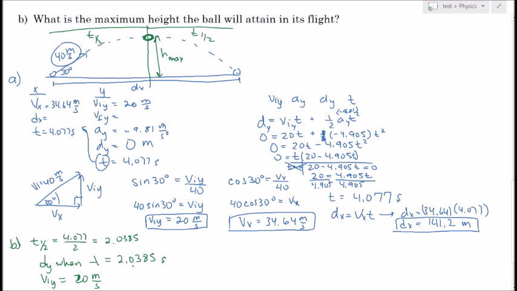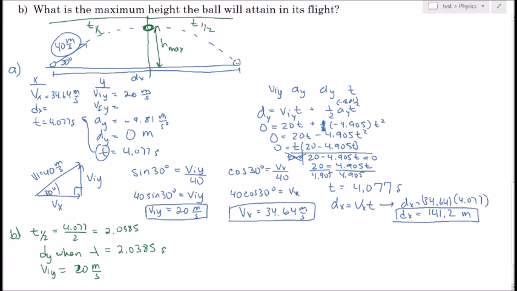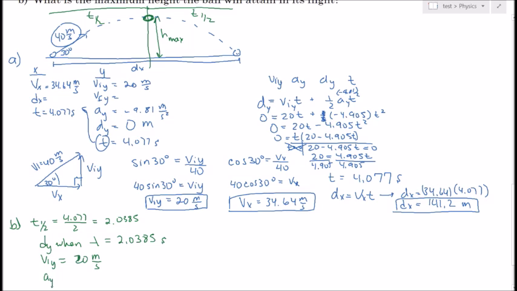And we certainly know that the AY is not going to change. That's the gravitational acceleration. So we know the time, we know the A, we know the VI, and we are looking for the D. So again, we can use dy equals VIYT plus 1/2 AYT squared.